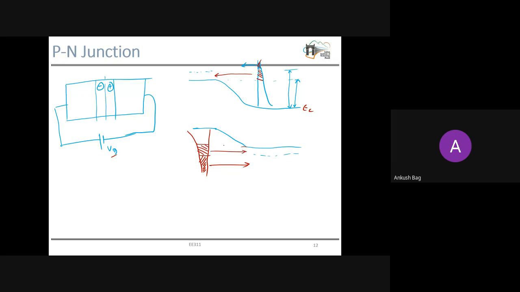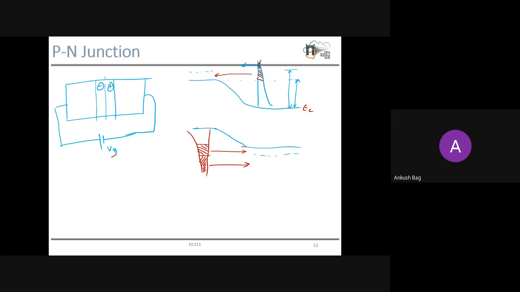Now what is happening and why are these able to cross? The energy due to which these electrons are crossing is the random thermal motion. Fundamentally here we are having diffusion, because here the carriers have higher thermal energy, and holes are large in number and are diffusing towards the inside.